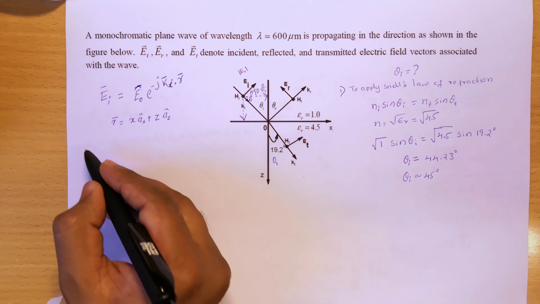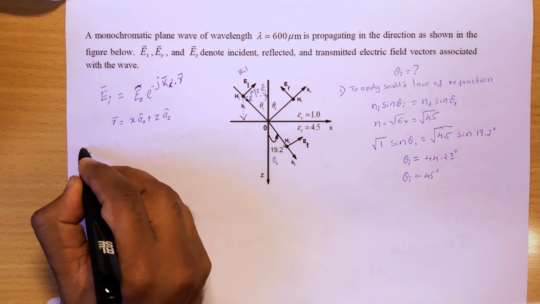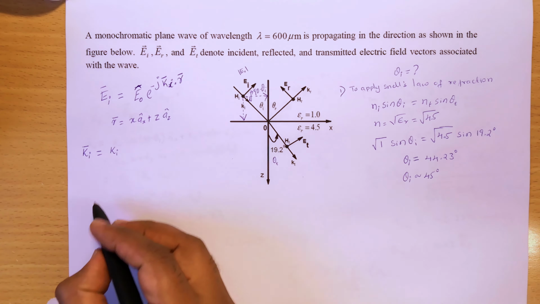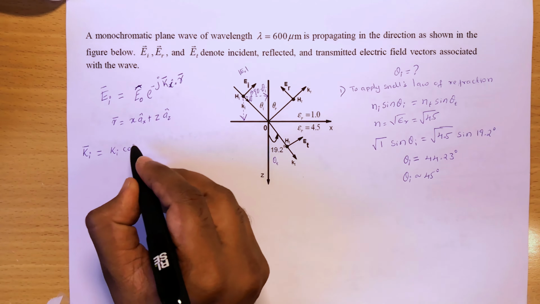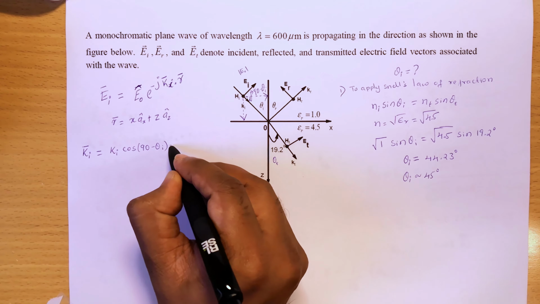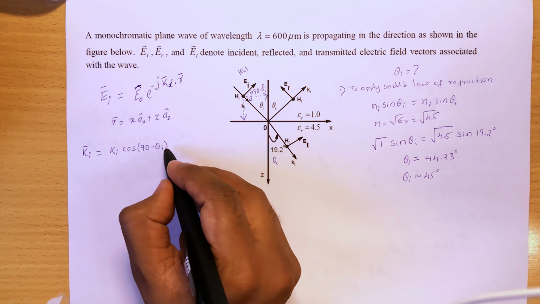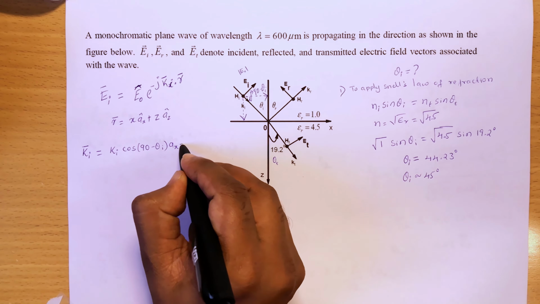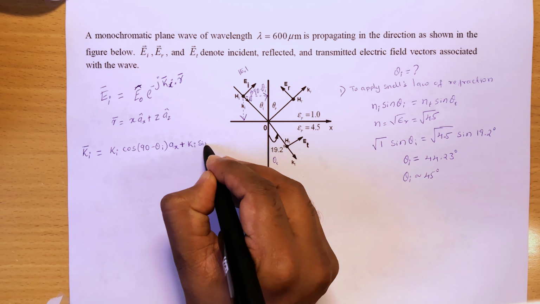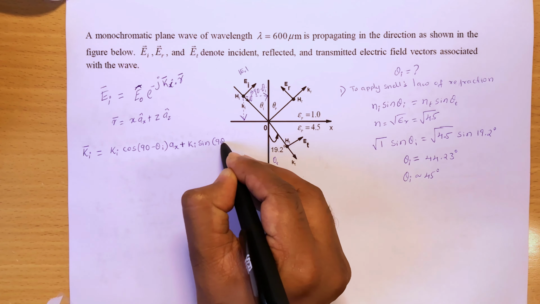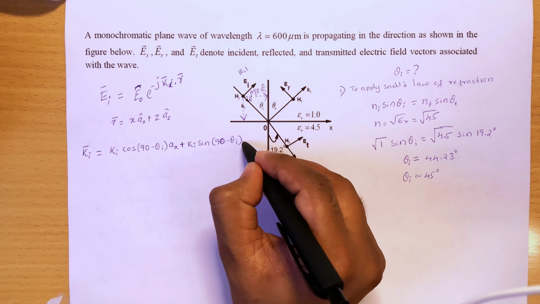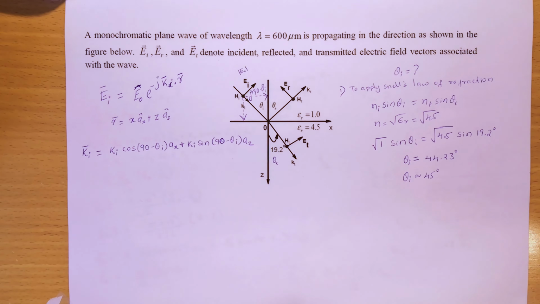So let's just write it down now. Ki dash is equal to, so if Ki is the magnitude of this vector, Ki cos 90 minus theta I, and this is along the positive x direction, so Ax, plus Ki sine 90 minus theta I, and this is in the positive z direction, so it's Az.